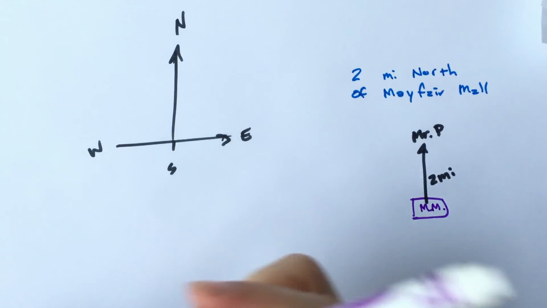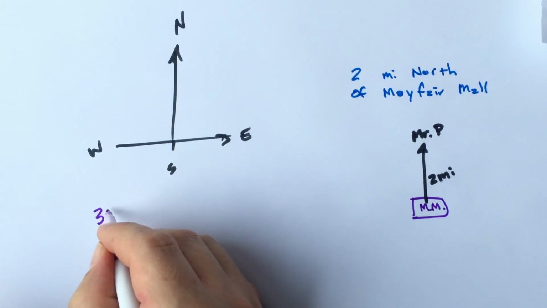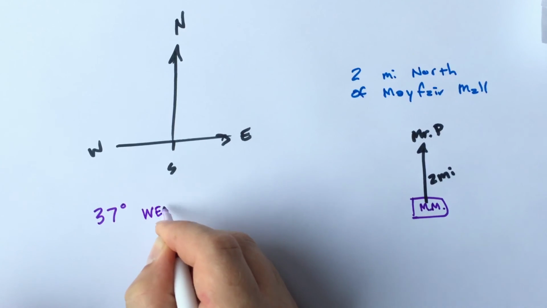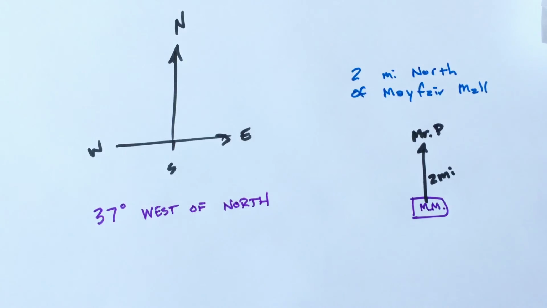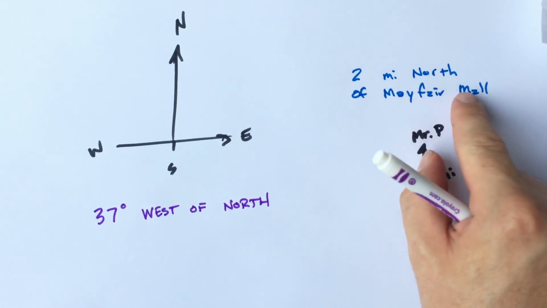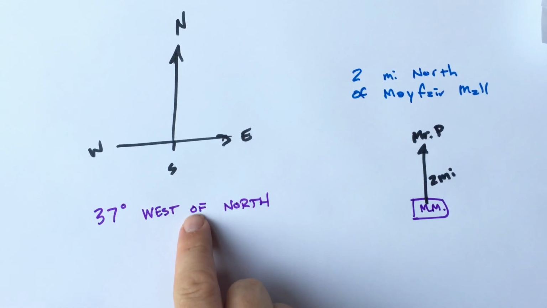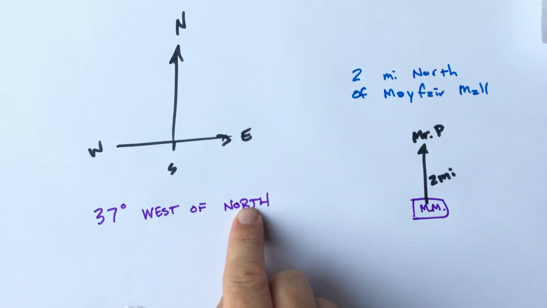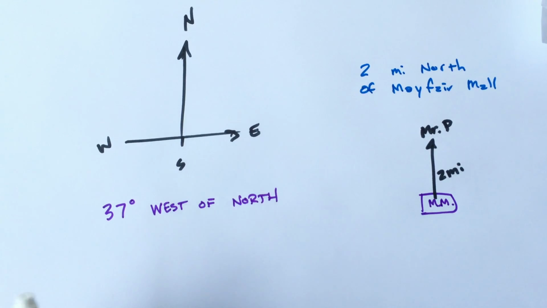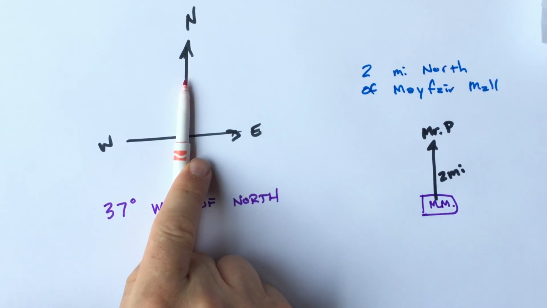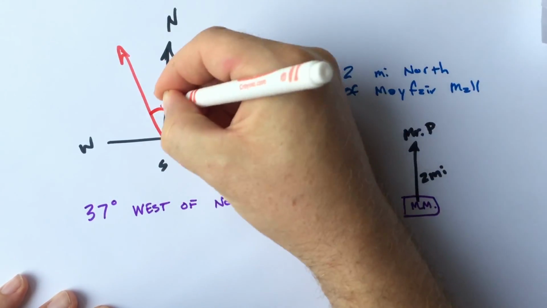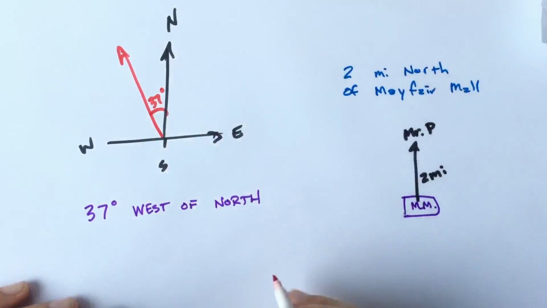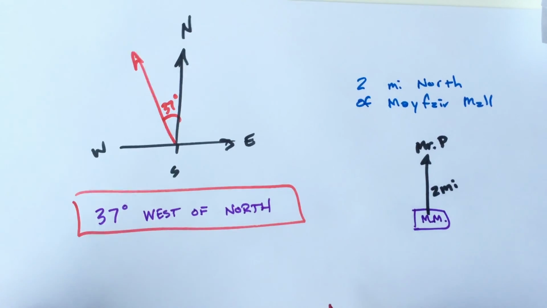Well, this idea of saying 37 degrees west of north, you need to understand for your evidence, and this is what it's saying. It's saying if I'm 2 miles north of Mayfair Mall, then you start here, right? That means that we're going to start here at north, and we're going to go 37 degrees west of it, right? So we start directed right up at north, and if we go 37 degrees west of that, right? That direction there, if this is 37 degrees, is 37 degrees west of north.